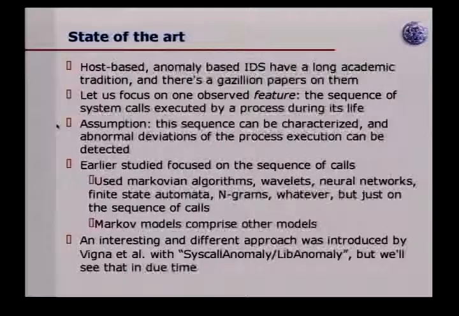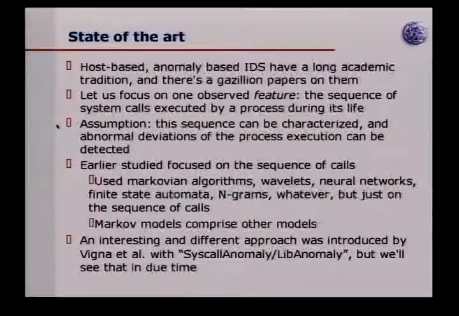There are a lot of studies on this feature, on sequences of system calls. The base idea is that for each program, I can somehow characterize the sequence of system calls it normally performs so that I can detect deviations and flag them as anomalies. There are a lot of earlier studies, and they used basically everything: Markovian algorithms, wavelet transforms, neural networks, finite state automata, n-grams, whatever they had at hand, just on the sequence of calls.